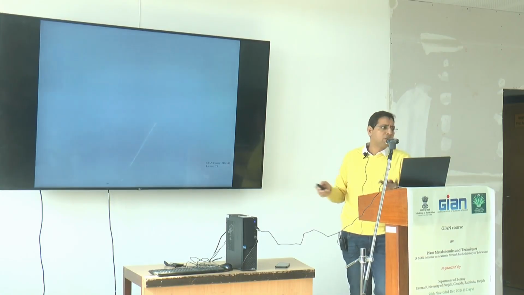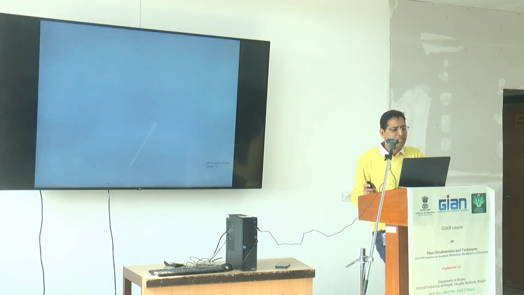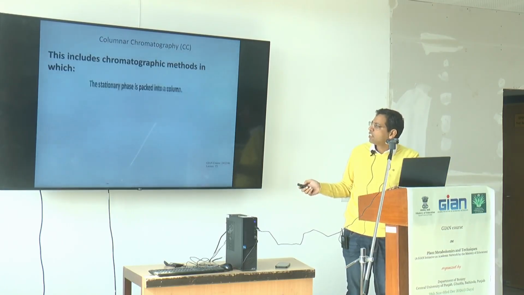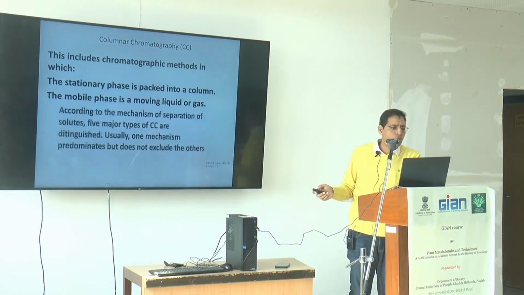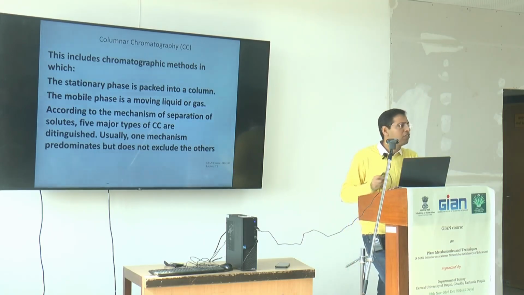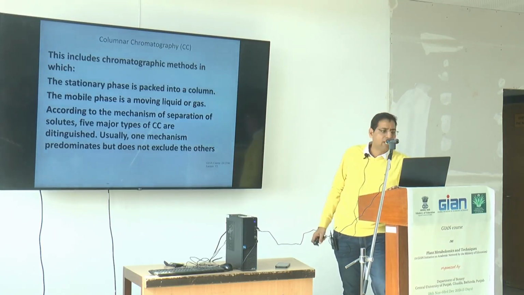So now, paper chromatography was a medium technique and did not give better resolution in many cases. So another advancement came up, that is column chromatography. In column chromatography we need a column, and the stationary phase is packed in this column, and the mobile phase, gas or liquid, moves through it.